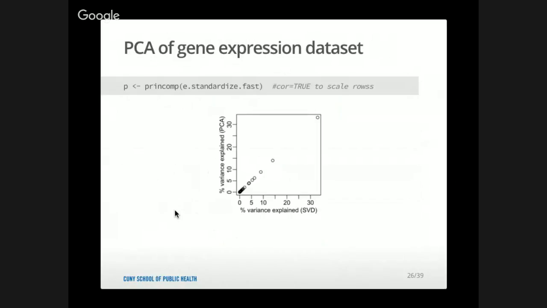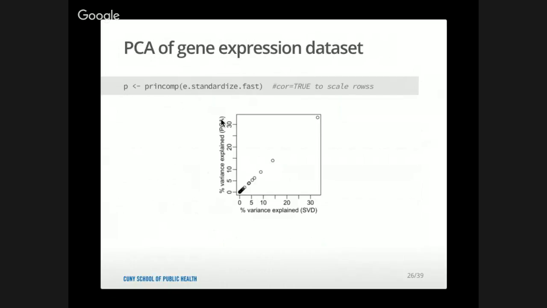There's another function, which is the one that I actually prefer to use. It's a little bit more convenient and has some additional options built into it, like scaling and centering, so that you don't have to do those in a separate step, called princomp, but it will give you the same results as SVD. It is an SVD.